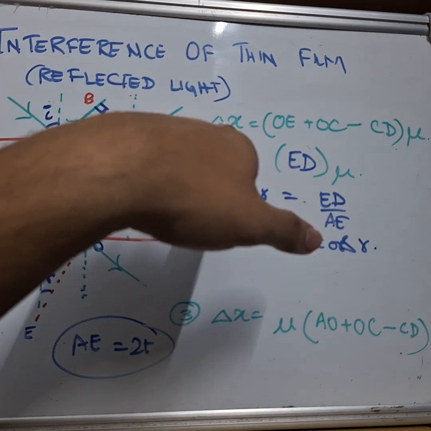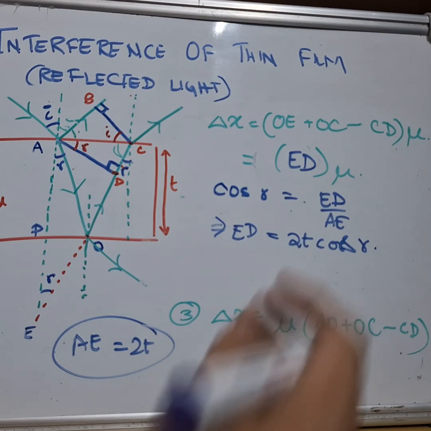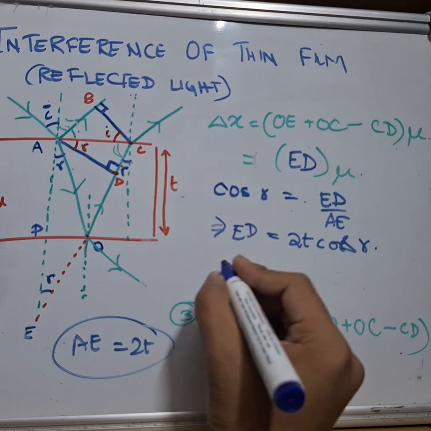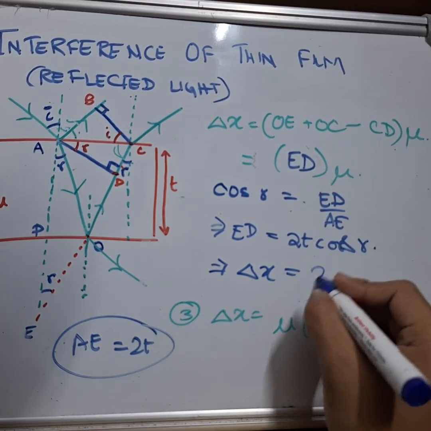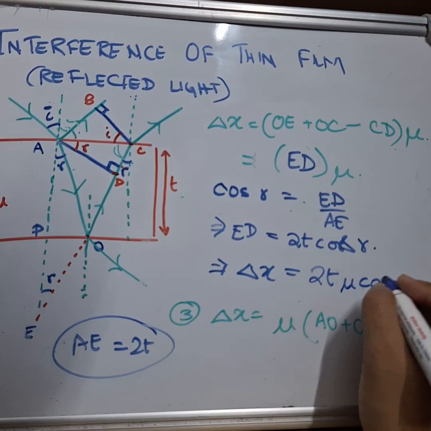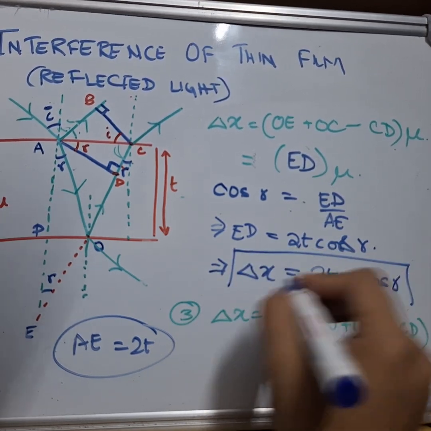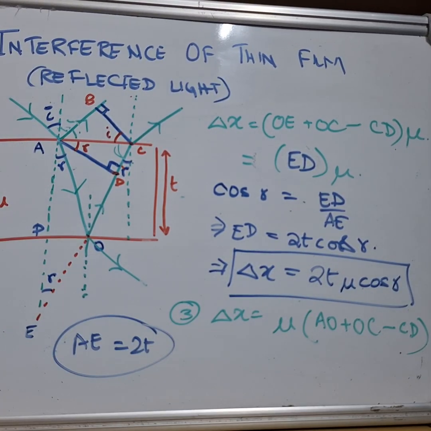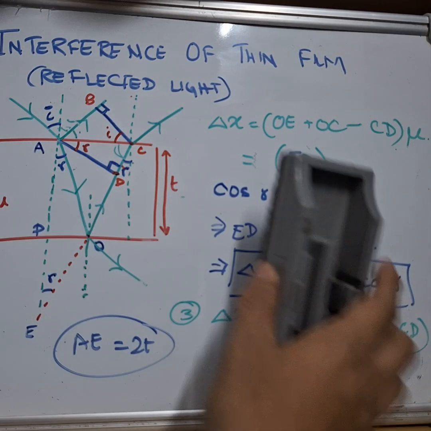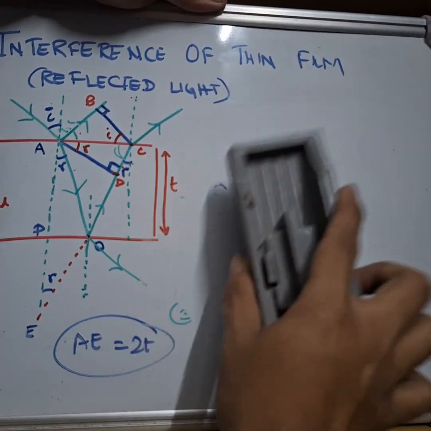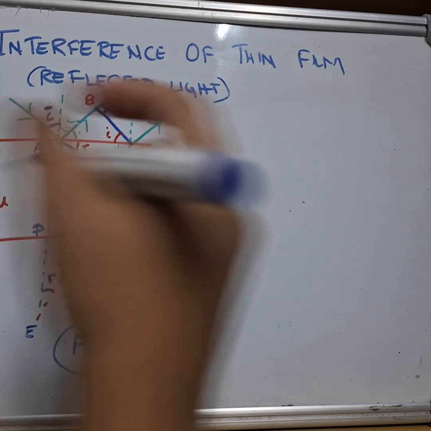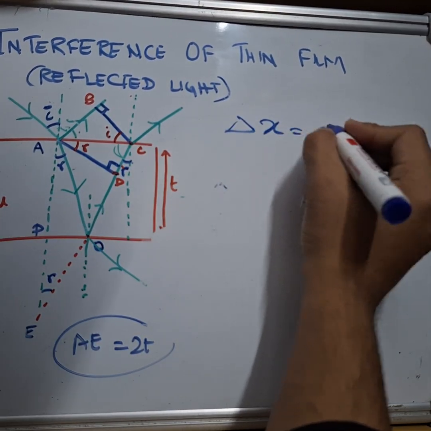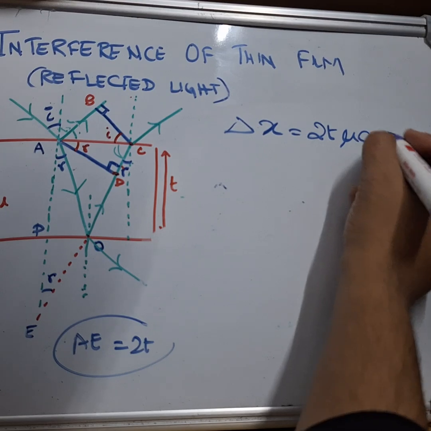Now we also know that del x equals ED into mu. So del x equals 2t mu cos r. This is your main thing. Del x equals 2t mu cos r.